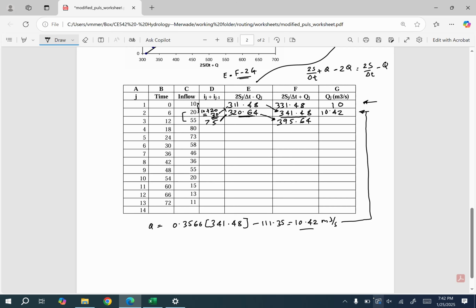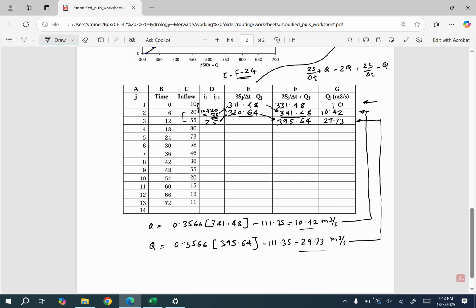Once I have 395.64, again I solve for Q: 0.3566 times 395.64 minus 111.35, and that will give me 29.73. This value will go here, and then we just continue until we reach the last row. So this is how you can do it manually.